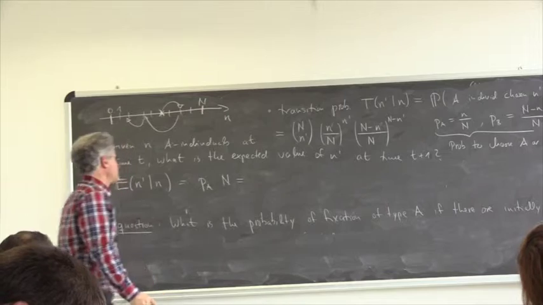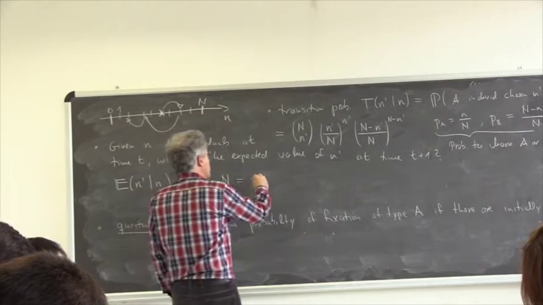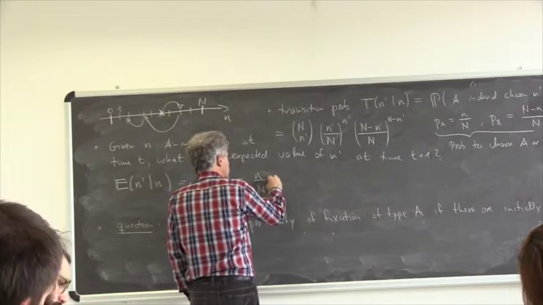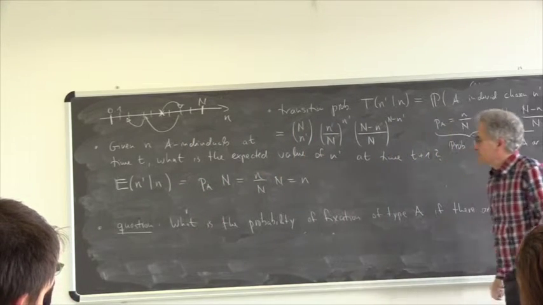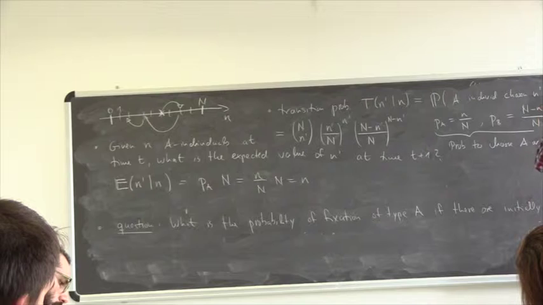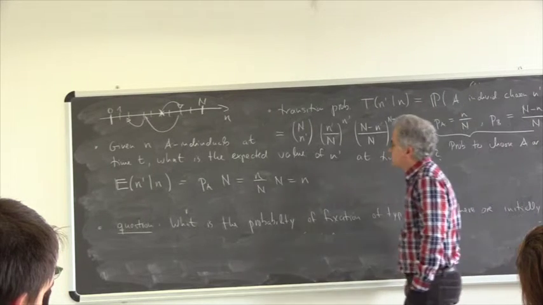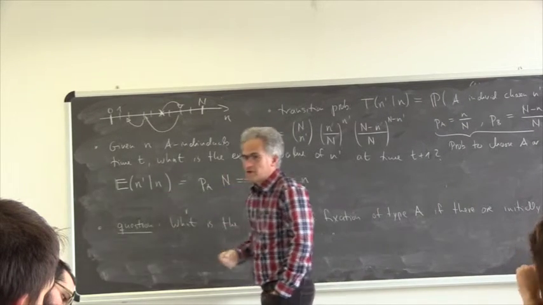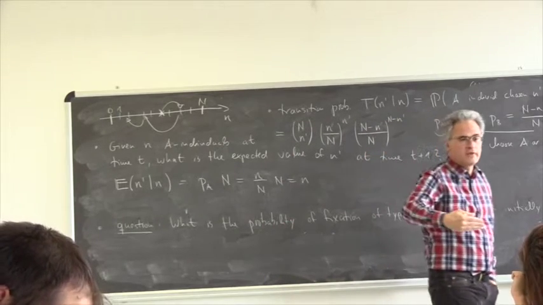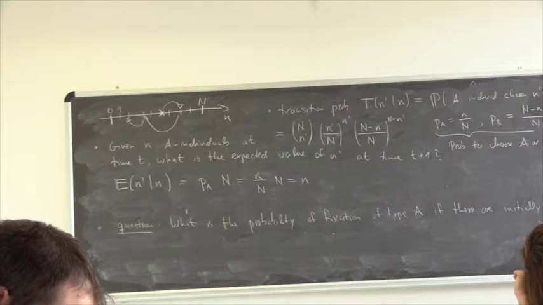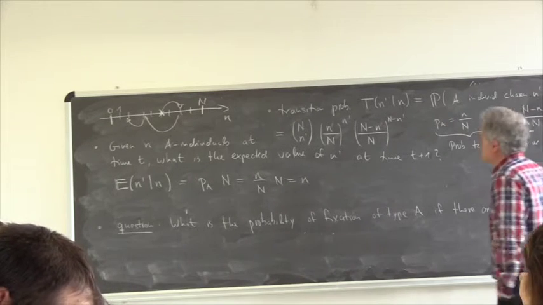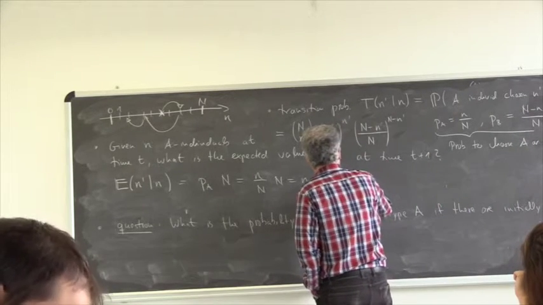But the probability of choosing an A individual is simply small n over capital N. So this is equal to n, okay? And so this process has the property that, independent of where you start, the expected number of A individuals in the next step will be the same as it was before. So this is a kind of symmetry property, and in mathematics this is called the martingale property.